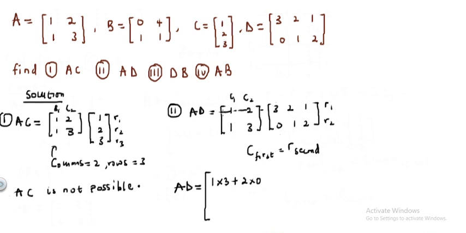I'm still on the first row of my matrix AD. This will be 1 times 2, then plus 2 times 1. So I'm done with this column. Next up, I'll move to my third column.